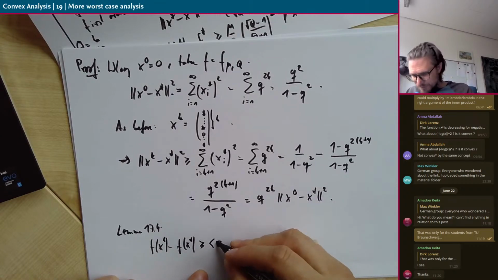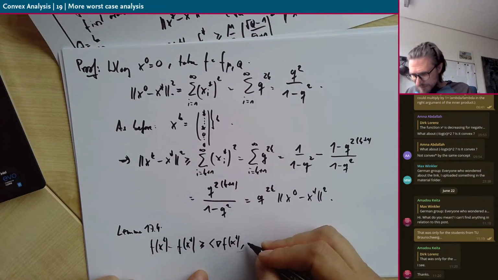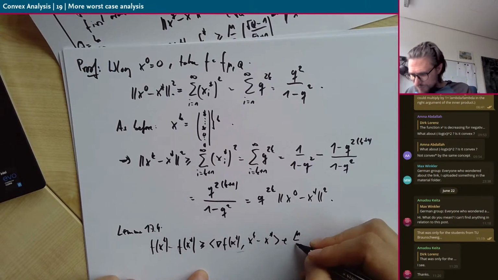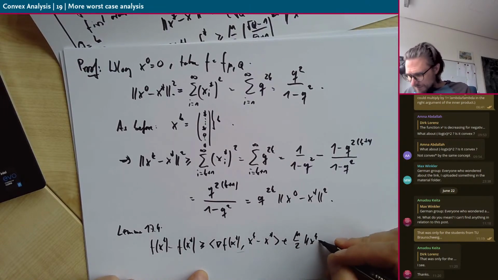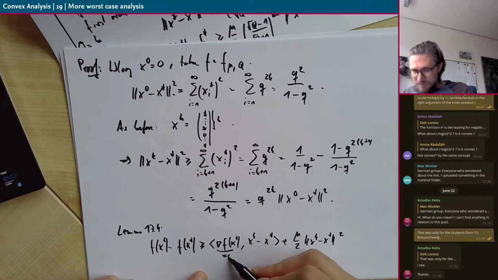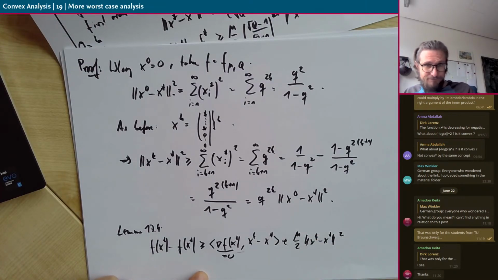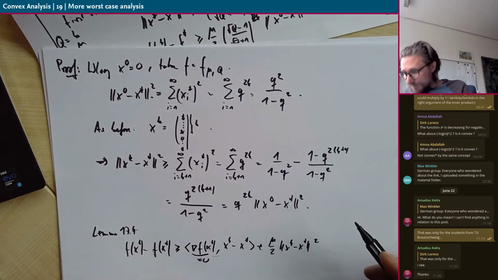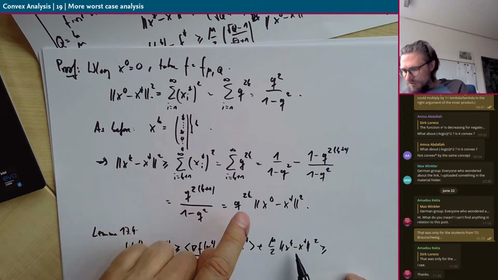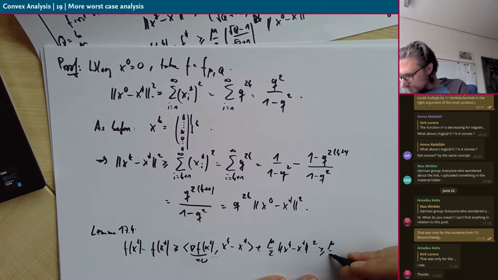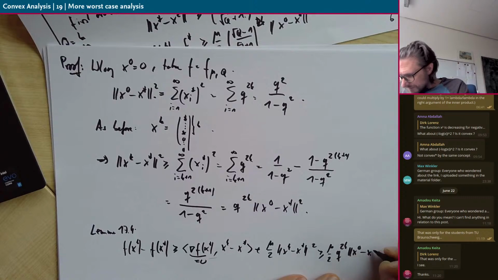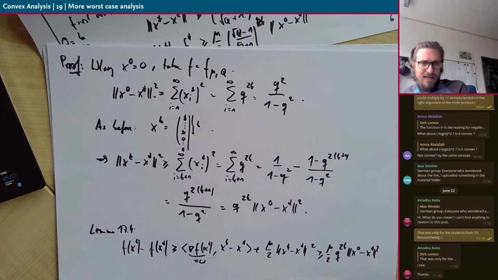So maybe let's write down gradient f of x star, xk minus x star, but plus mu over 2 times the norm of xk minus x star squared because of strong convexity. But this inner product here is 0. And then we are basically done because we already know that this here is bounded by that, so it's then mu over 2 q to the 2k times the norm of x0 minus x star squared as the lower bound. And that's it.